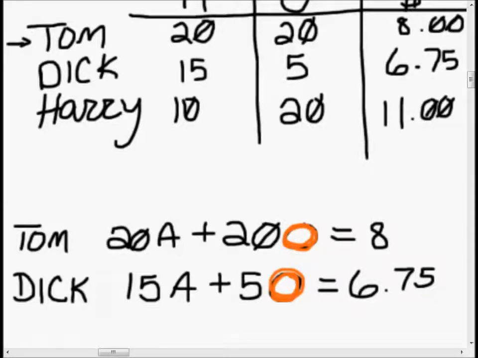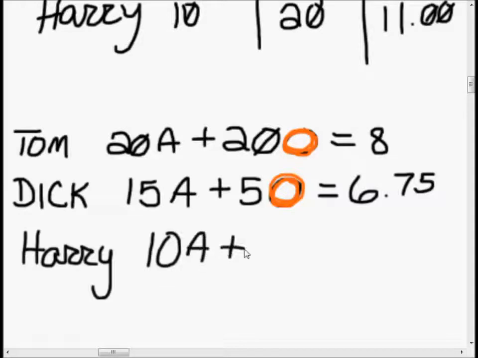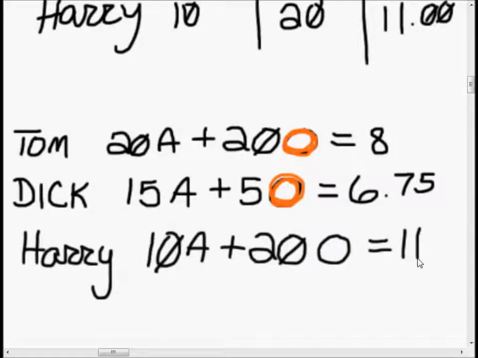And then finally, we've got Harry, and he got 10 apples plus 20 oranges, and he paid $11. So that's not so bad, is it? You know, we've got 3 different equations, and we know we have suspicions. There's something not quite right about Tom, or at least that's what the cops are thinking. So let's go ahead and figure that out.